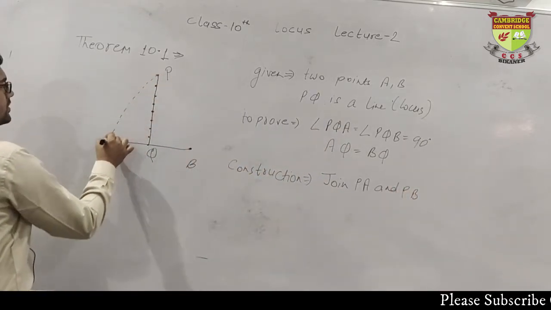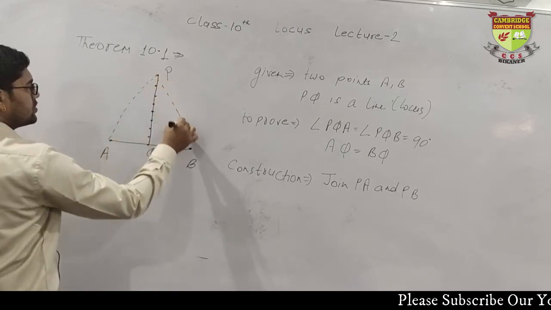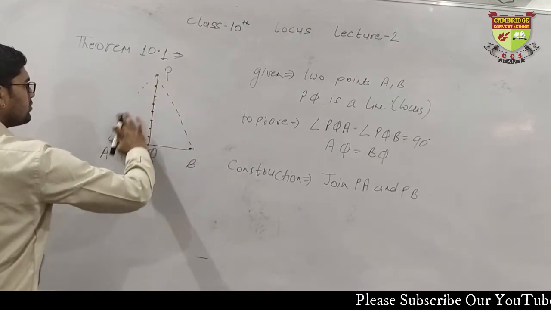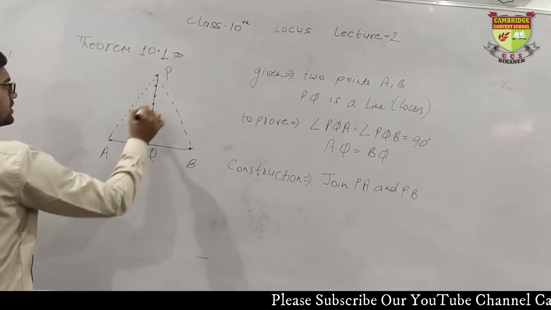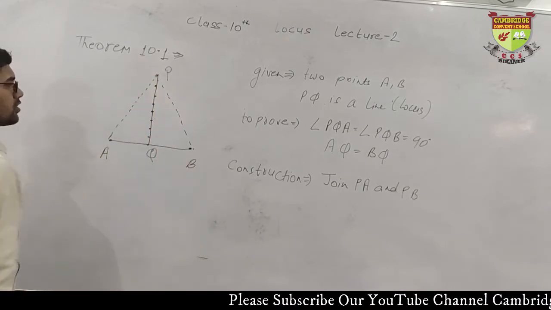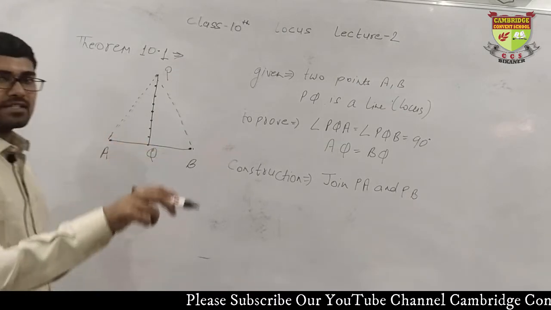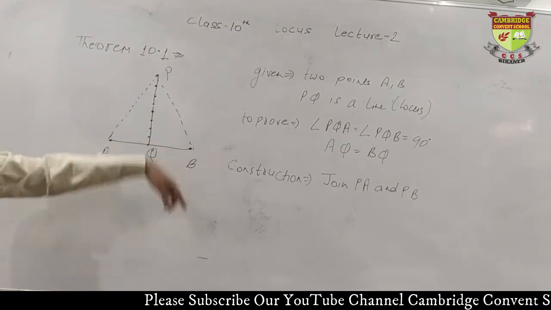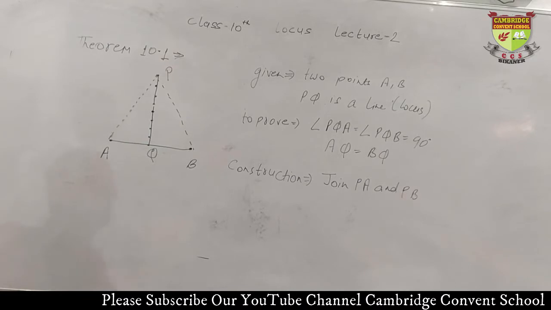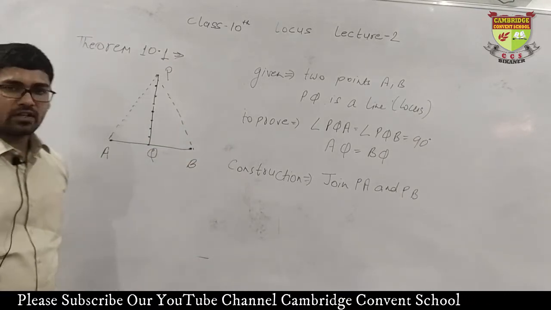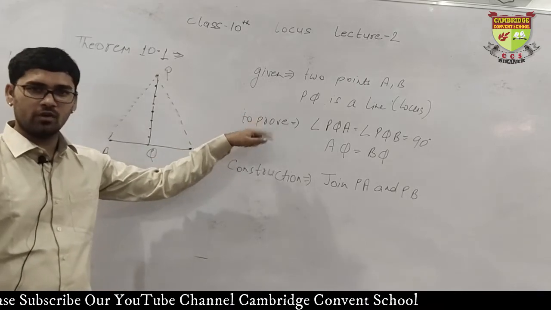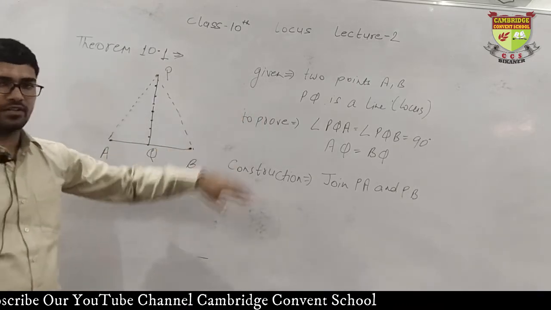See, we joined PA and we joined PB. When you construct any line from your side, not given in the question, make that with dashes, like this, not a solid line, make a hatched line. Okay, now what are we doing further? So for this I have to erase this. I hope you have understood this and written this.